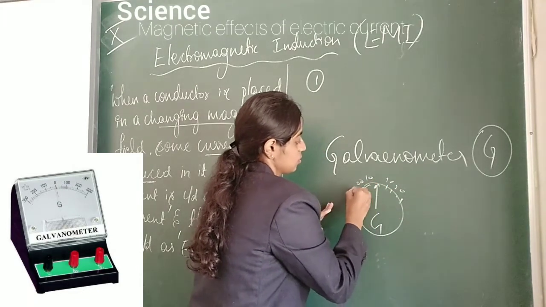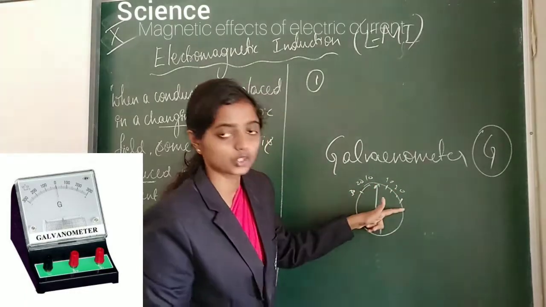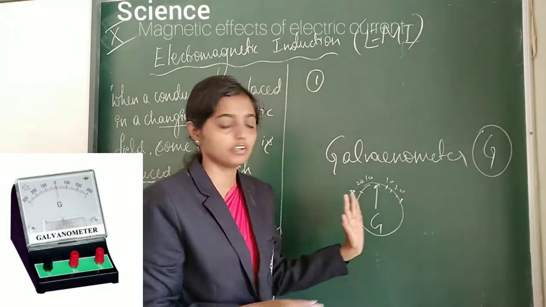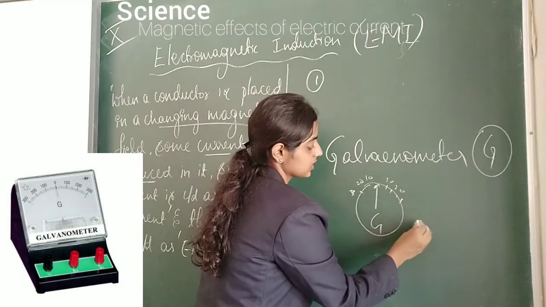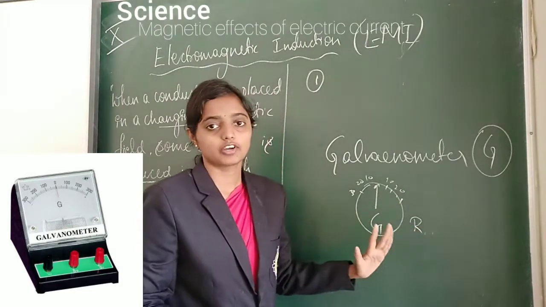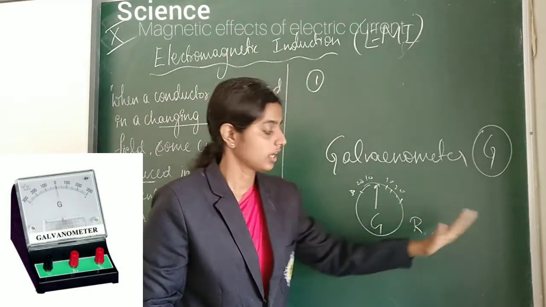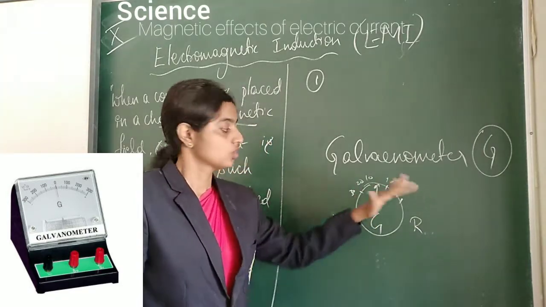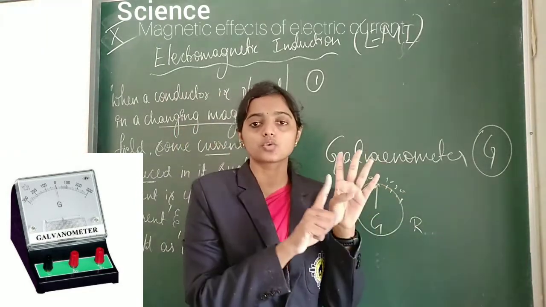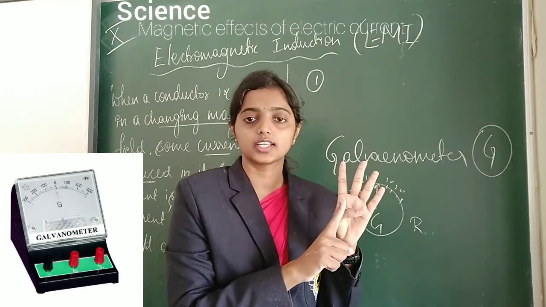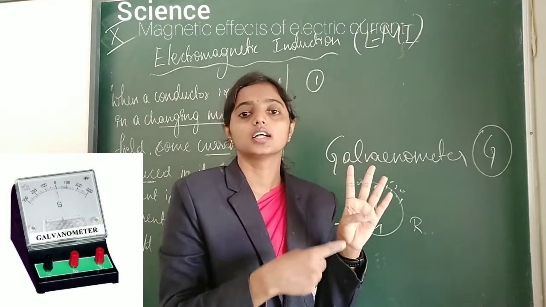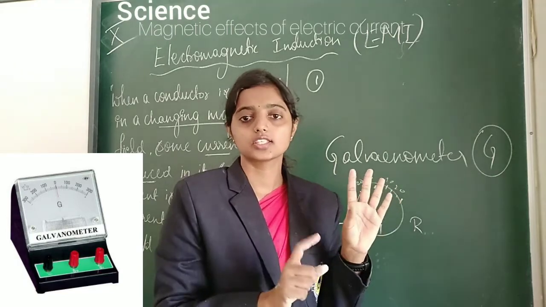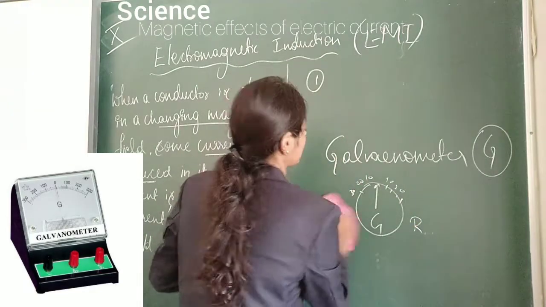If it deflects towards this side, then the direction of current is to the right, and if it deflects like this, then the direction of current is towards left. So the galvanometer shows the presence of electric current in a circuit and the direction of current in a circuit. This is the role of galvanometer.